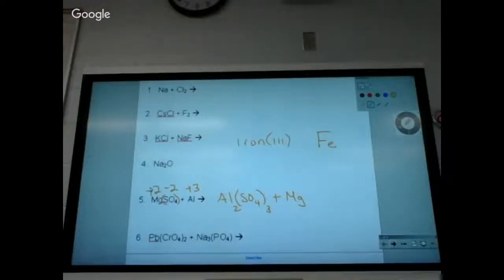All right, I want you to do this. So when you see an element by itself, you're going to say, oh, that is a two. What kind of reaction is this? Number two. Fix that next year.